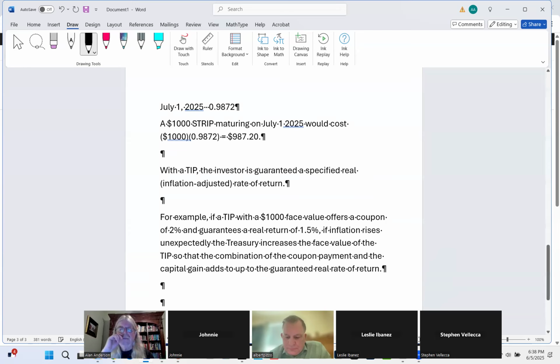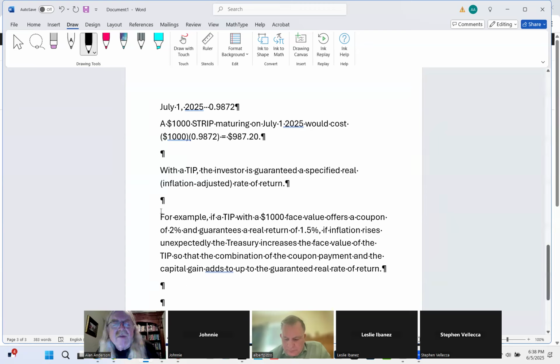So you can imagine this would be very popular with people who are retired because they're saying, listen, I don't want to be fooling around buying treasuries and not knowing what the future rate of inflation is. This way I'm guaranteed a certain real rate of return. And so that makes me comfortable.